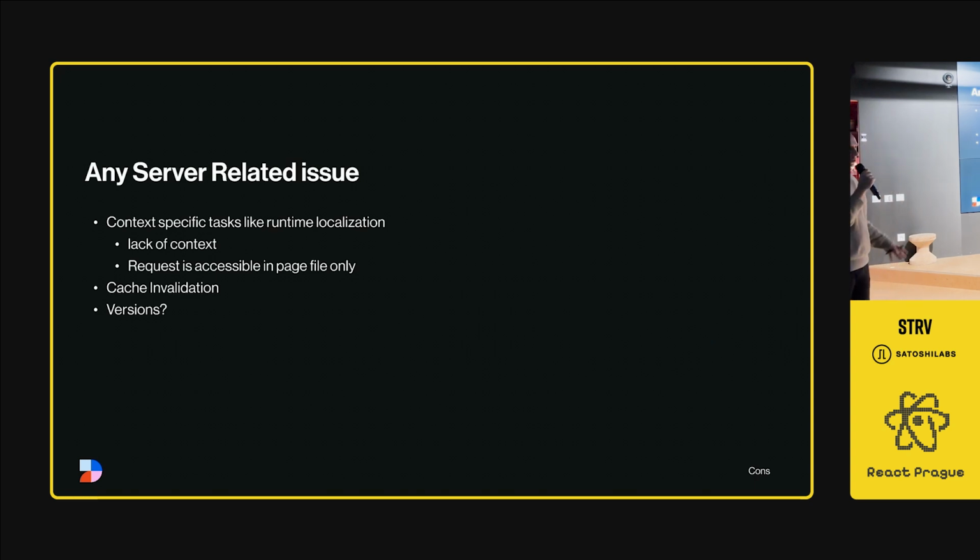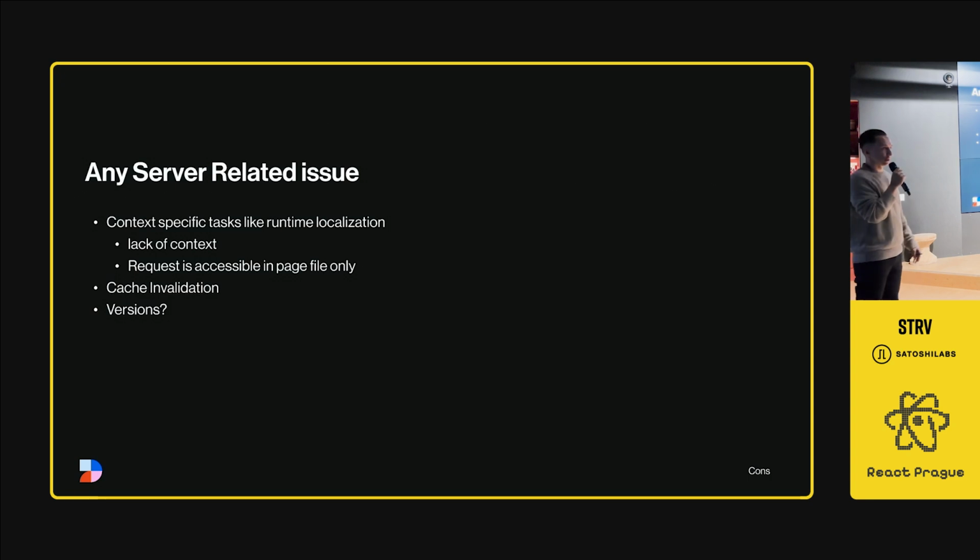So anything with context, with localization, for example, you have to pass the user object or the request directly to the most nested child component, because the accept language header is on the request or on the user's object.